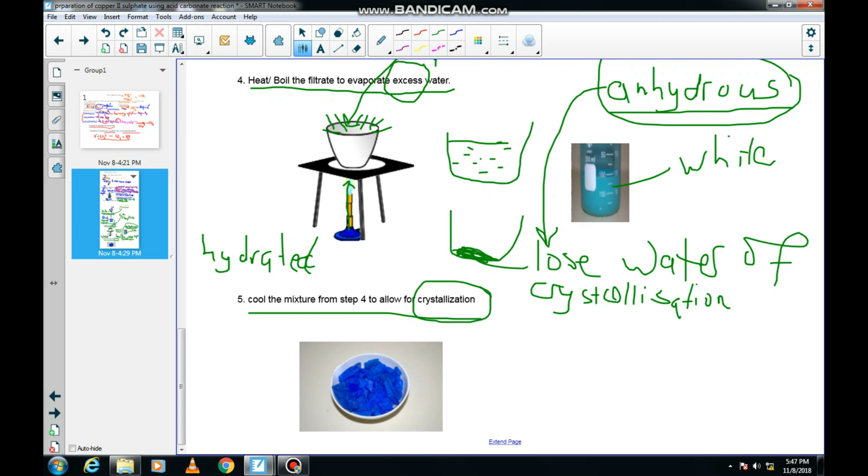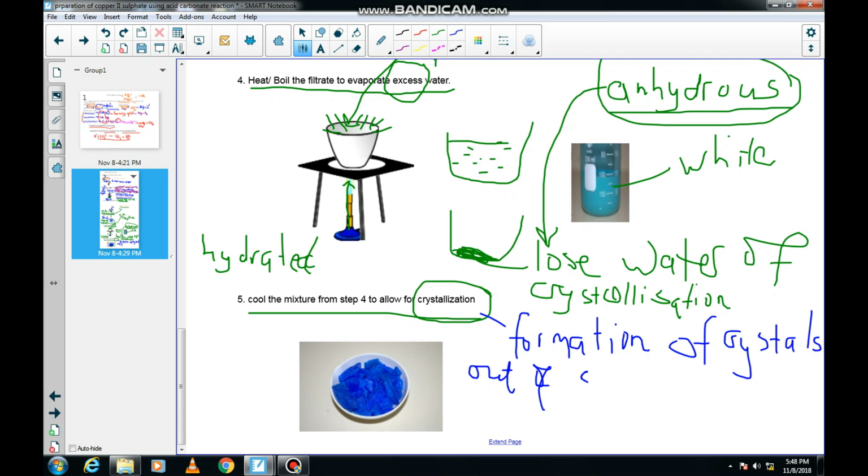This word crystallization simply means the formation of crystals out of solution. Crystallization is the opposite of dissolving. In dissolving, the solute disappears into the solution, and in crystallization, those crystals form out of solution.